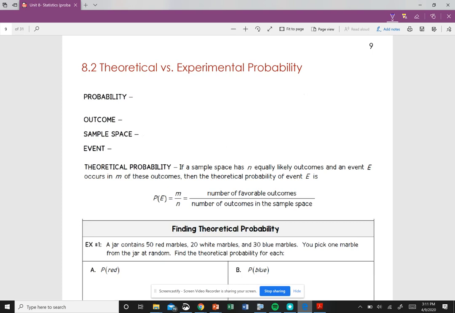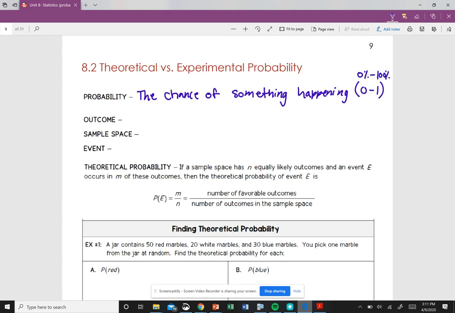Alright, so probability is the chance of something happening. It is always a number between 0 and 1, or you can think about it from 0% to 100%.